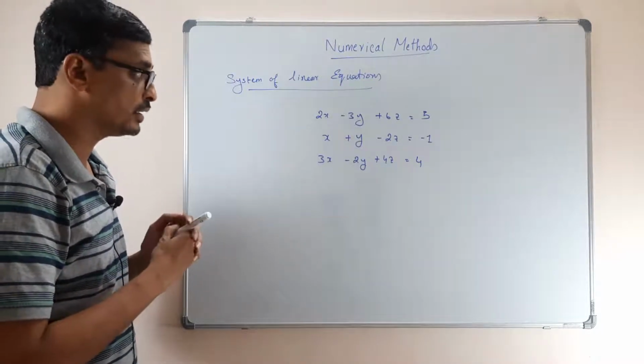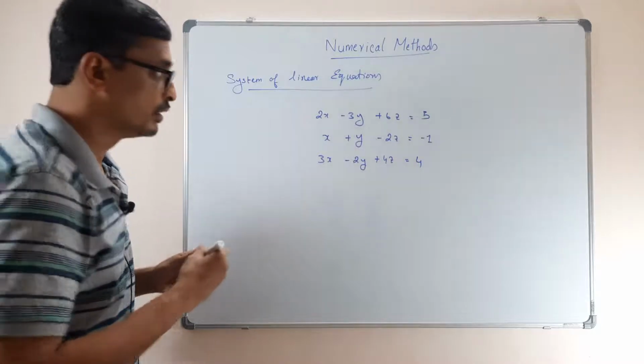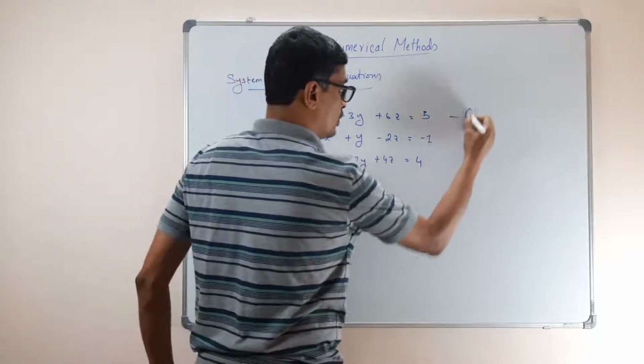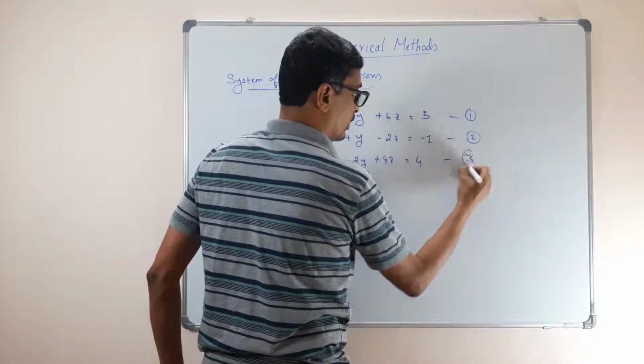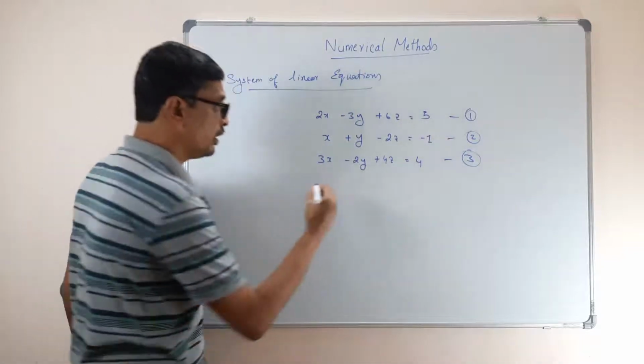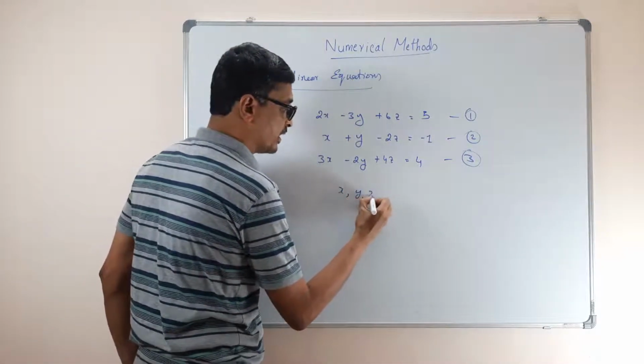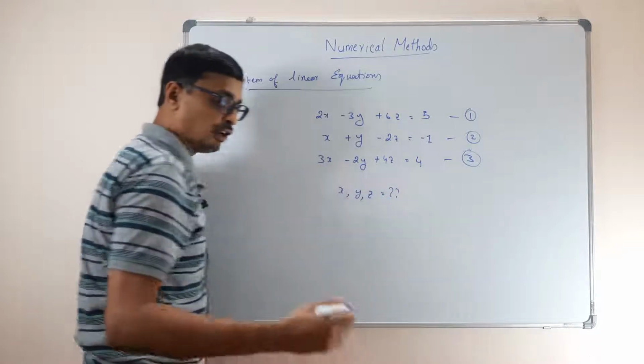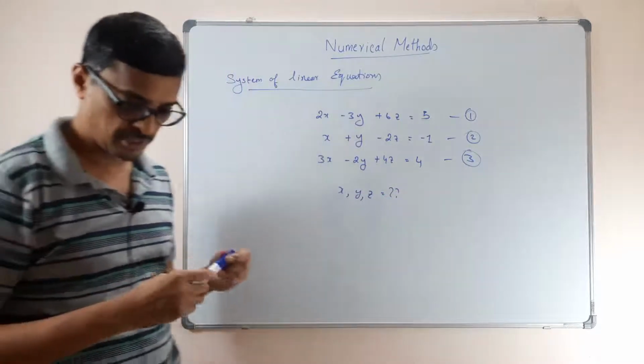There are three equations and three unknowns, so we can solve them analytically for x, y and z. Can you solve it with a pen and paper and tell me the answer?